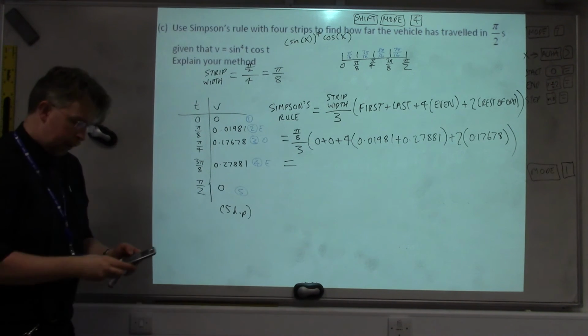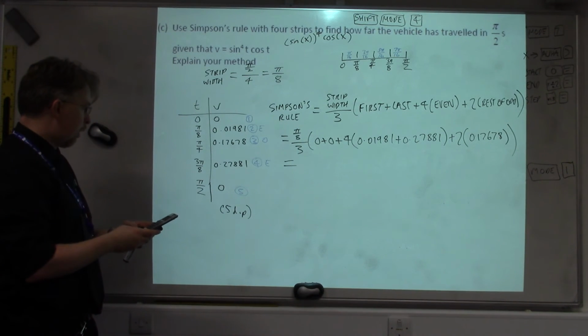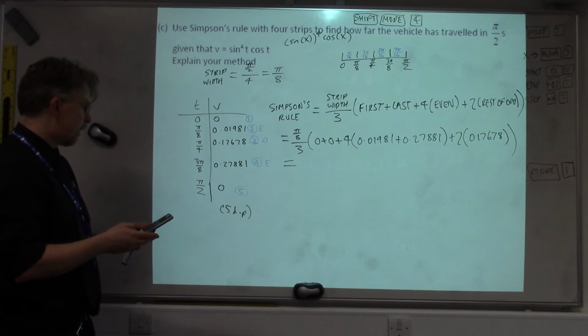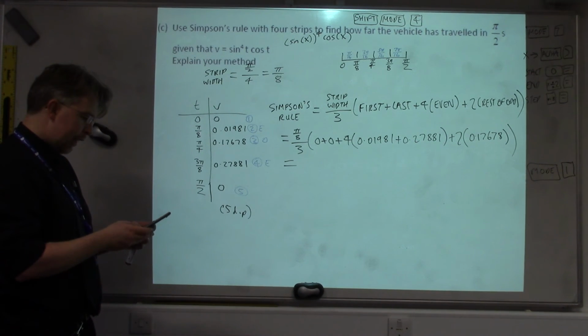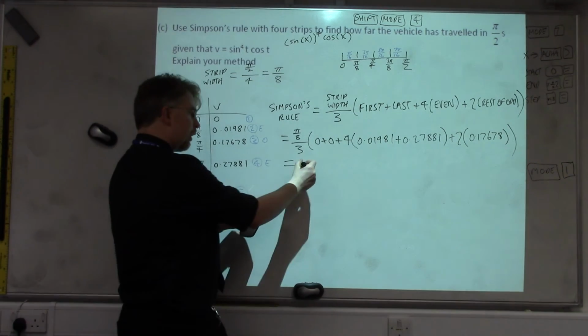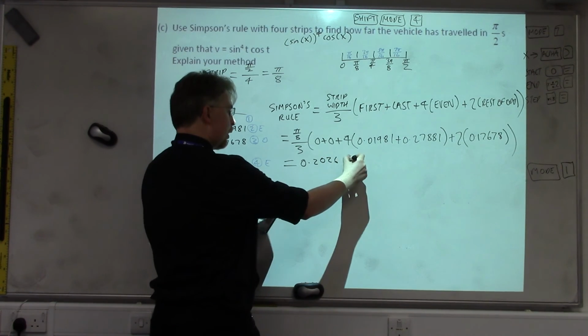Equals. Fraction button, pi over 8 over 3, open brackets, 0 plus 0, 4 times 0.01981 plus 0.27881, close bracket, plus 2 times open bracket, 0.17678, close bracket, equals. And to 4 decimal places, 0.2026.